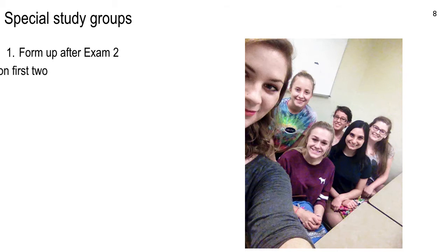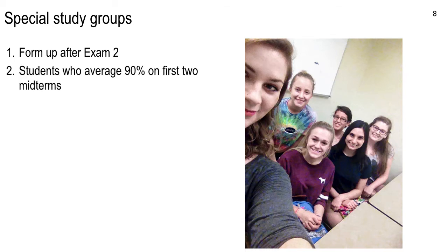The reason for that is I look for students who on the first 2 midterms have averaged 90% performance. So that's like a 46 and a 44. Add them together, you get 90 out of 100, right? Or 2 45s out of 50. Or a 43 and a 47. Any kind of combination like that, 90%.